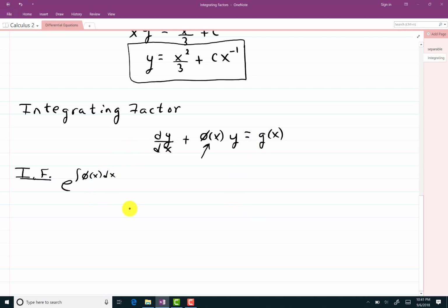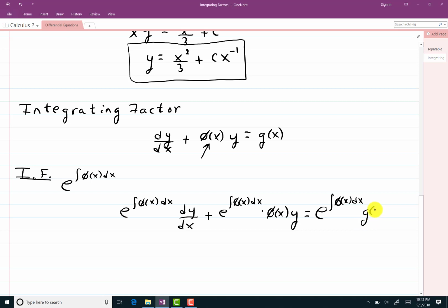So I will get the equation e to the integral of phi of x dx times dy over dx plus e to the integral of phi of x dx times phi of x y equals e to the integral of phi of x dx times whatever function is on the right-hand side.